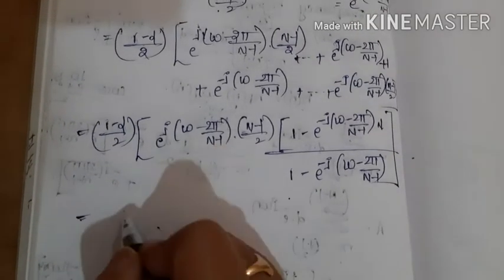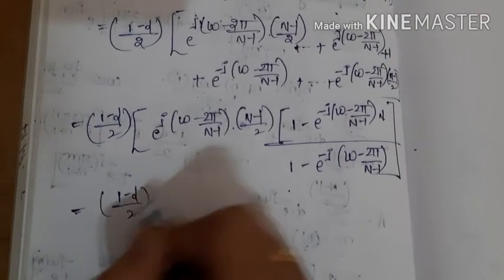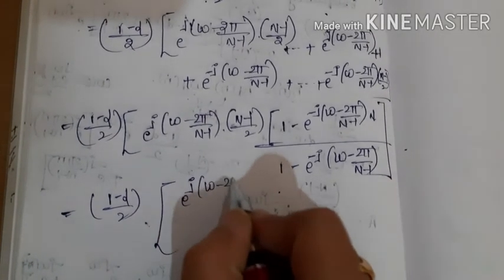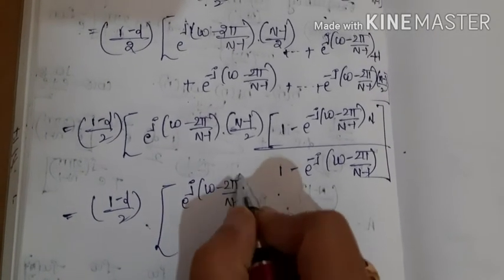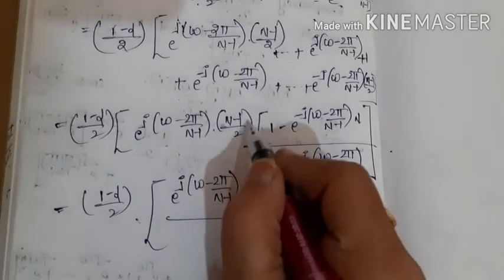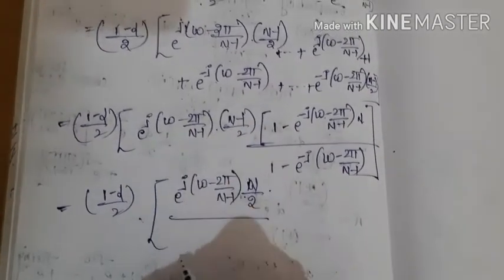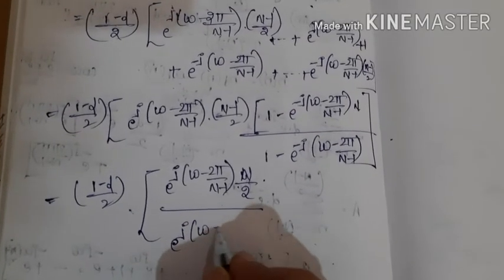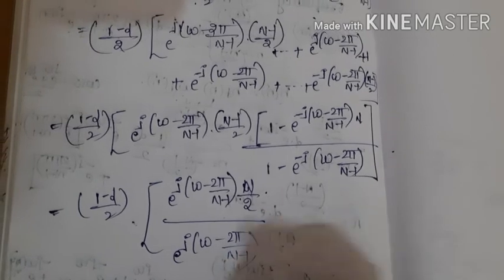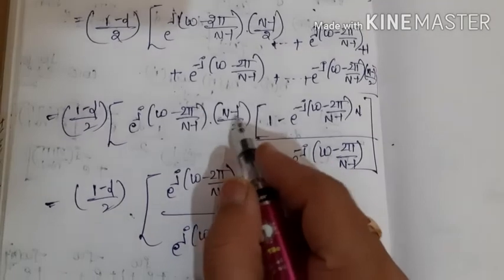So the function which can be written as e power j omega minus 2 pi by n minus 1 into capital N by 2, and this can be written as e power j omega minus 2 pi by n minus 1 into minus 1 by 2.